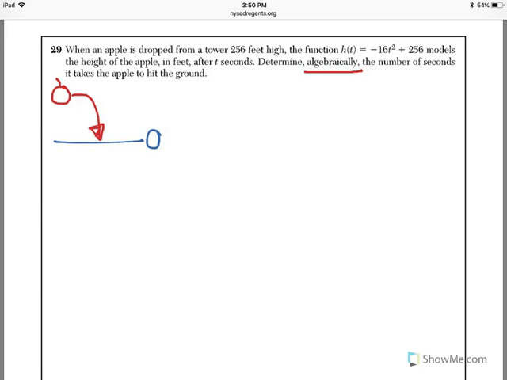So what you're going to do is substitute 0 in for h of t, because h of t represents the height. So what we have here is 0 equals negative 16 t squared plus 256. And now we just have a problem to solve for t.